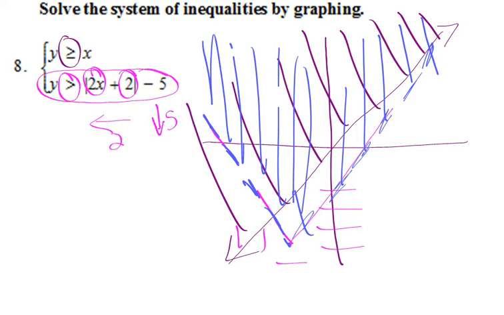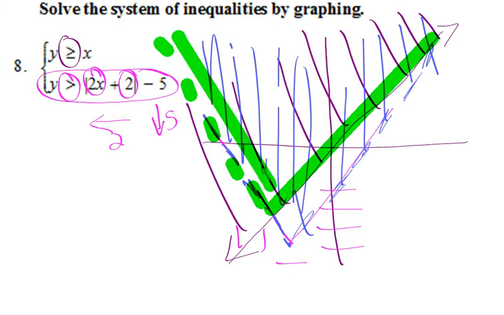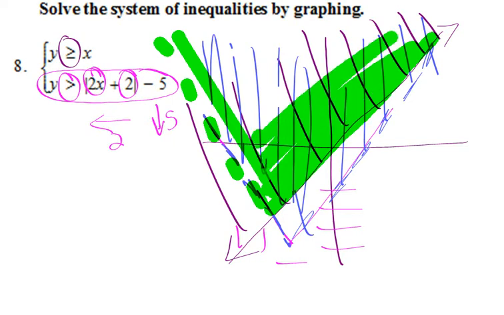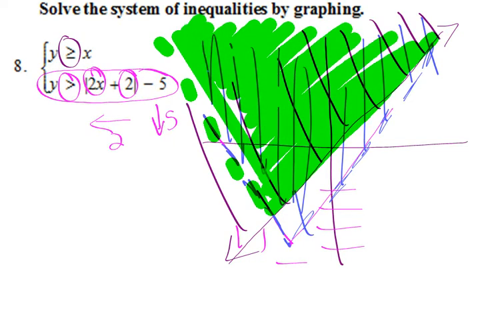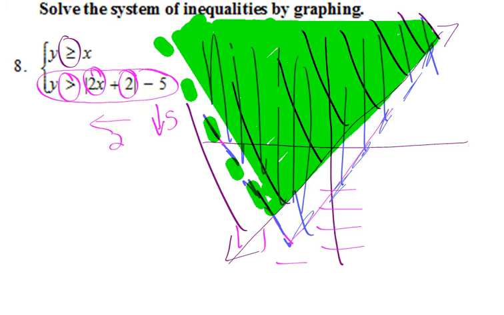Well, it's going to intersect the solid line right there to a dashed line right here, and everything in between. Okay, so you'd be picking something out like that. It's not a perfect V, it's sort of a crooked V. Okay, so that's what that one looks like.